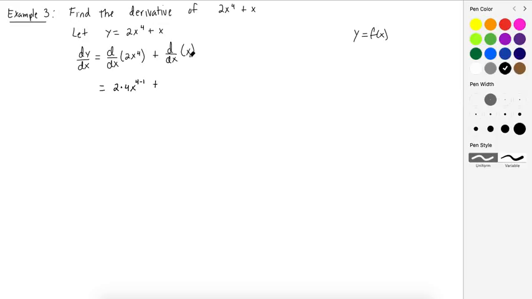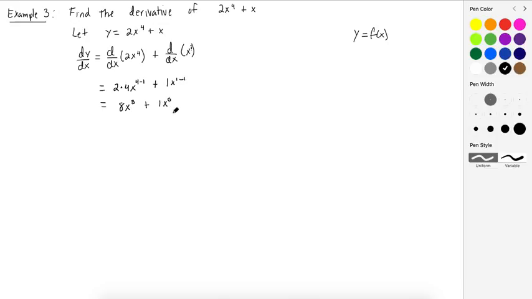We're going to do the same to this one, and this one has an invisible 1 in the front. And so we take this to the front, so it's 1 x to the 1 minus 1. Once we simplify this, we have 2 times 4, which is 8x to the third plus 1 x to the 0.